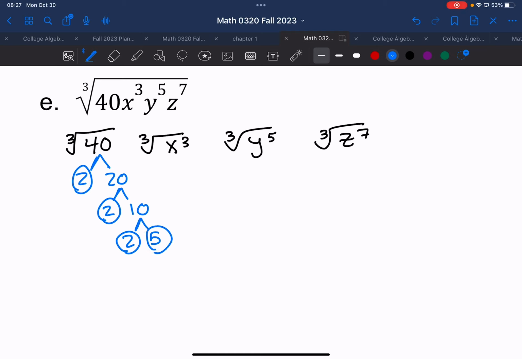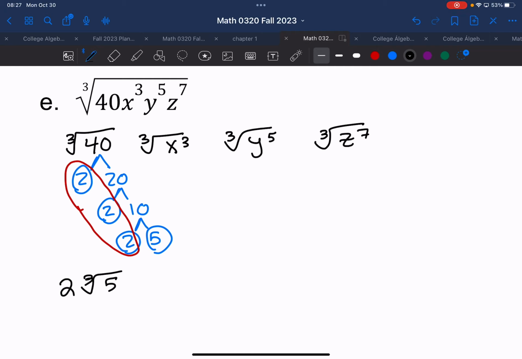Yes, so that means we end our prime factor tree because we stopped at prime numbers. And since this is the cube root, we are going to be circling groups of 3. So we have 1 group of 3 here, and those are the 2's. So where is that 2 going to be? On the outside or the inside? Outside. So cube root of 40 is the same as saying 2 cube root of 5. So we did the first part.